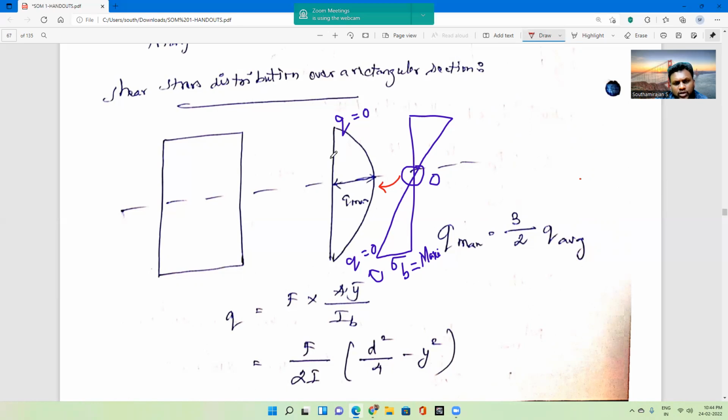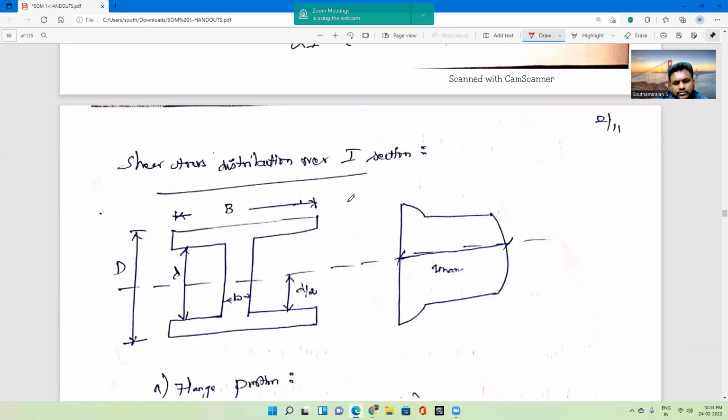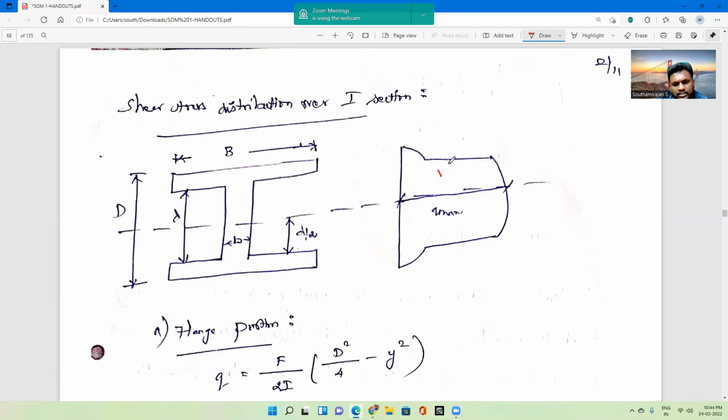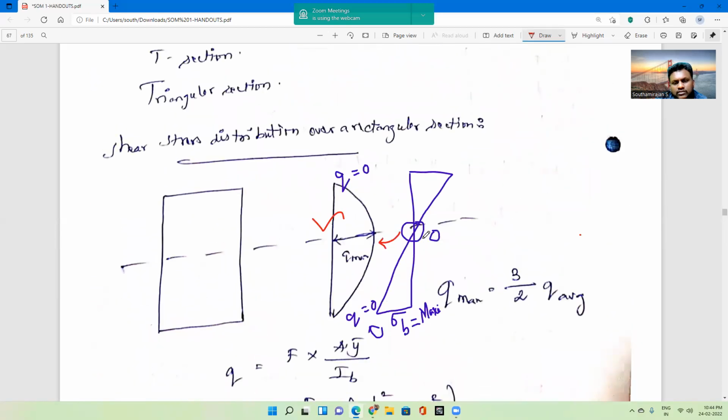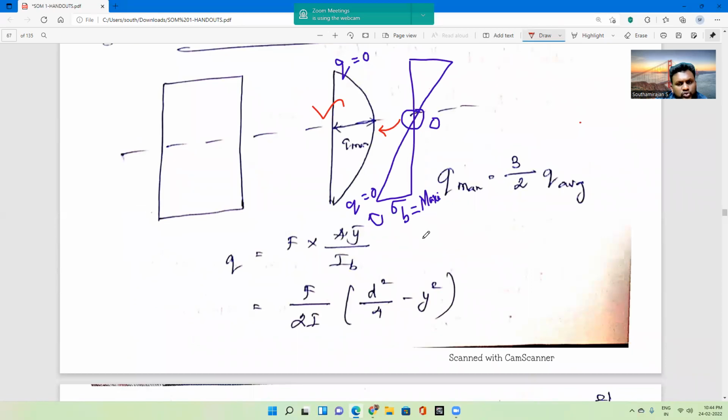If it is a rectangular section, the shape will be like this. If it is a T section, the shape will be like this. If it is a circular section, the shape will be like this. So this has a direct relationship with the shear stress. And we will go through the maximum shear stress: Q max equal to 3 by 2 times Q average, or Q max equal to 1.5 times Q average.